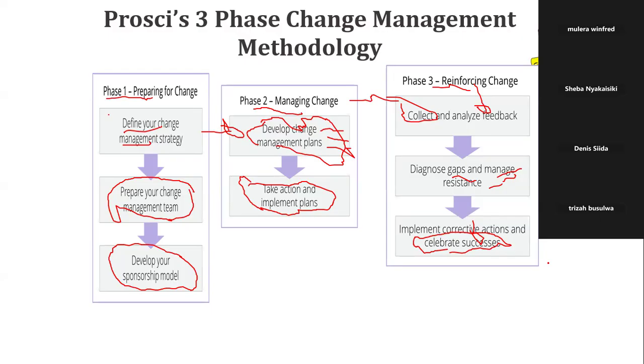To some of us who are knowledgeable about system implementations, you realize that if you take some things for granted, you pay. A very good system can be watered down just because of poor stakeholder management.